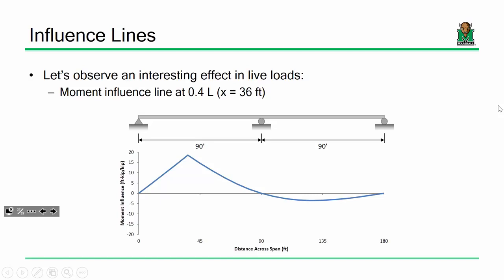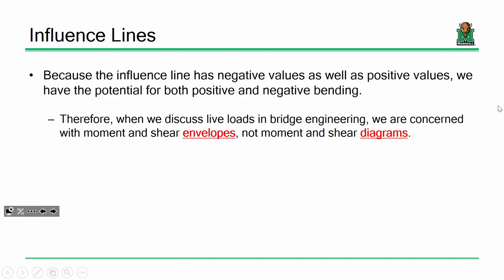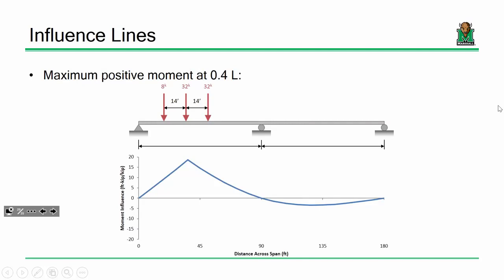So here's my influence line at that particular point of interest. Going back to what I said before, our big interest later on is we're going to be interested in moment and shear envelopes, not moment and shear diagrams. What do I mean by that? Well, if I'm trying to generate maximum possible positive moment at that point, I'd probably place the load somewhere right here. Place that heaviest axle right over the point. Do a little bit of investigation.